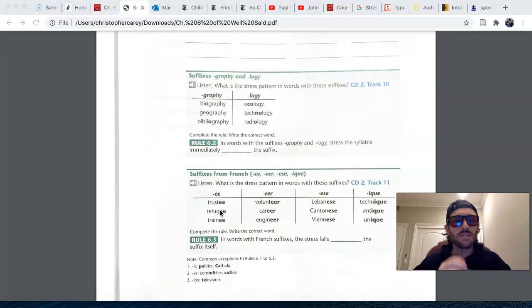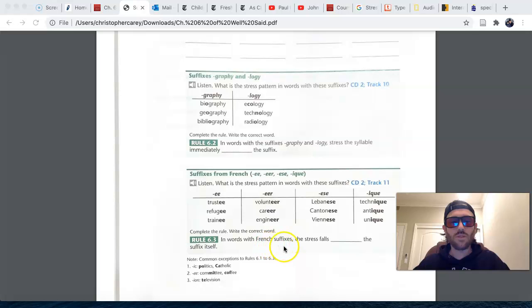So words with these suffixes, deriving from French, the stress falls within the suffix itself, on the actual suffix, or the vowel sound in the suffix itself. That's that rule.